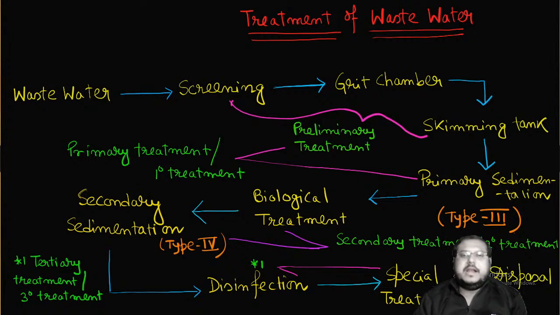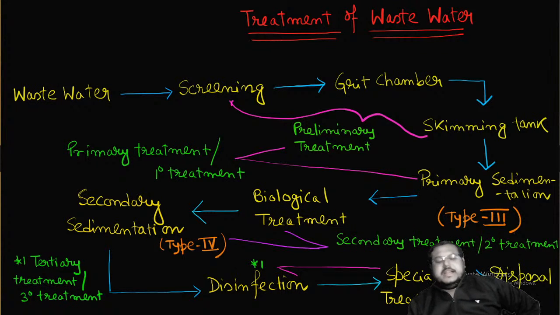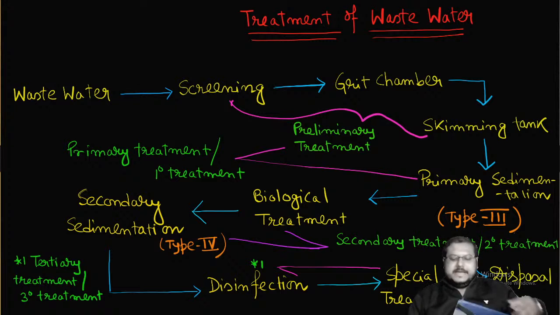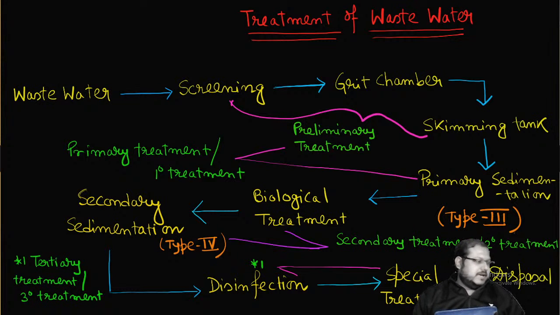Then it goes for the biological treatment, and each aerobic treatment process is accompanied by a secondary sedimentation tank, where type 4 settling, the compression settling or zone settling, will be observed.